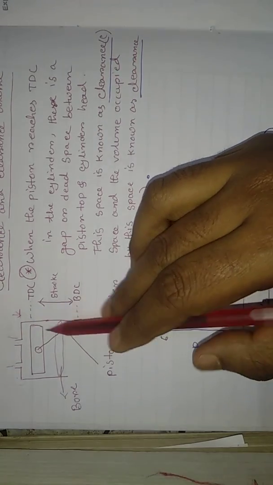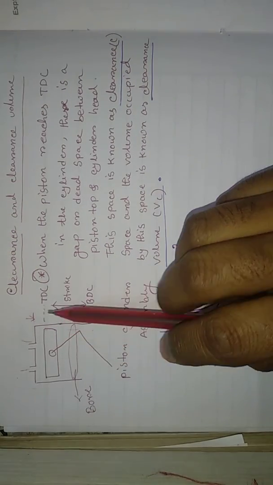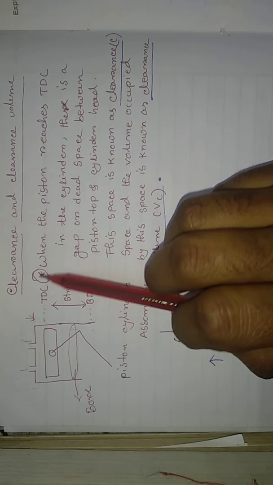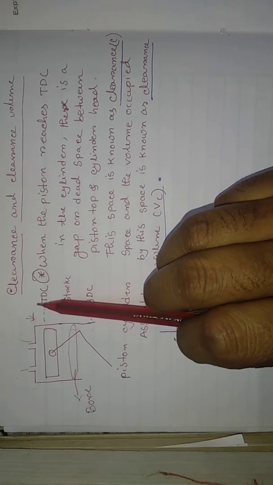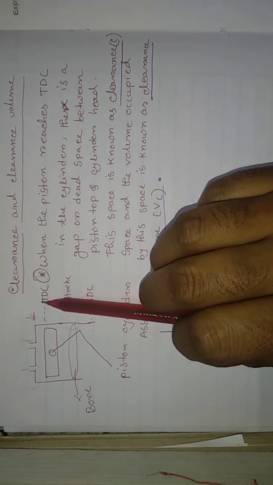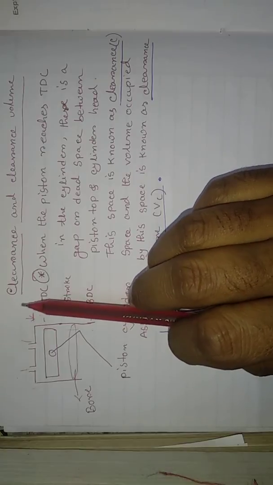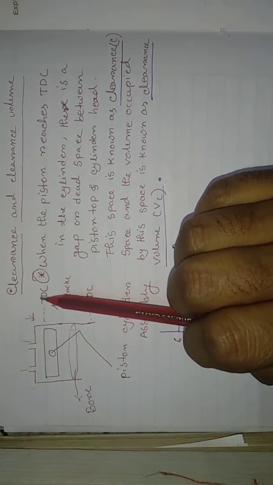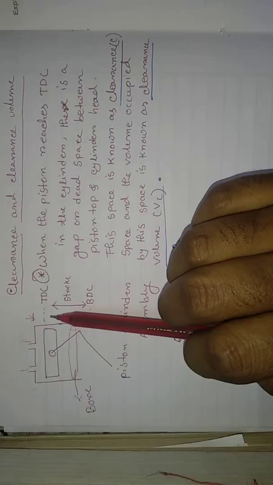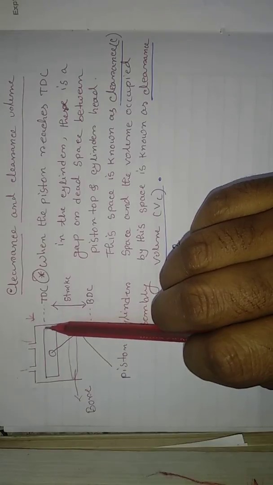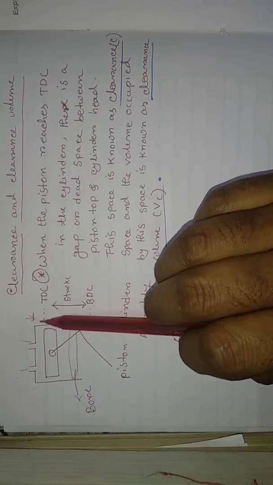In a piston cylinder assembly, when the piston moves from top dead center to bottom dead center, there is some gap. It is given so that there is no vibration at all and no damage at all. That's why it is provided in the piston cylinder assembly.